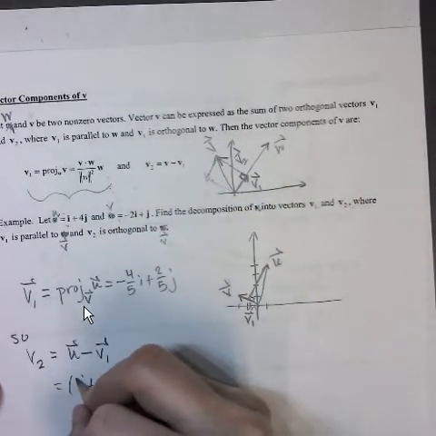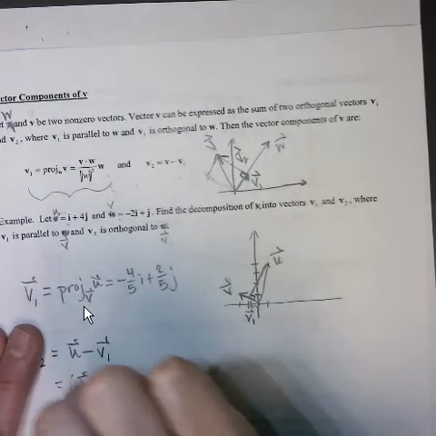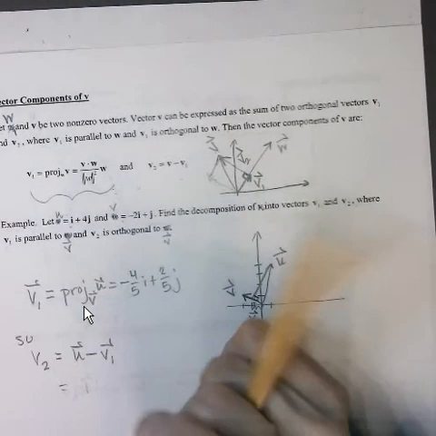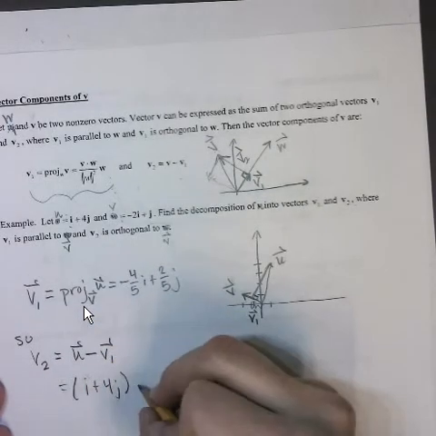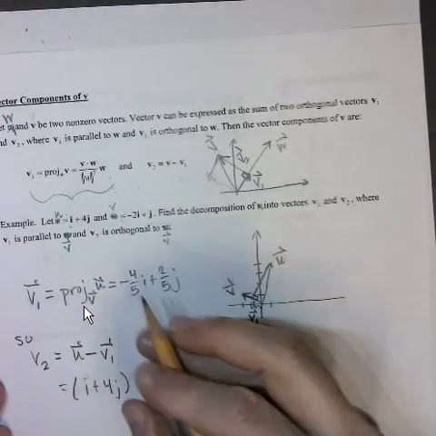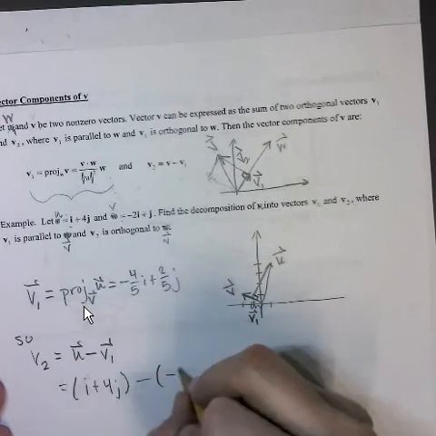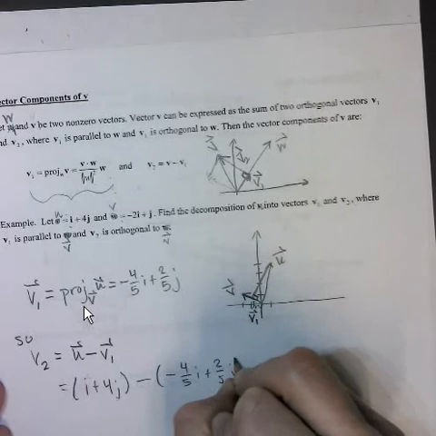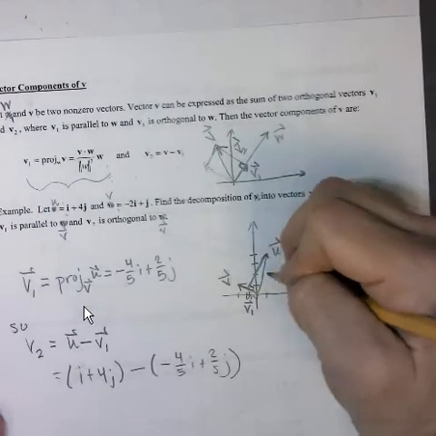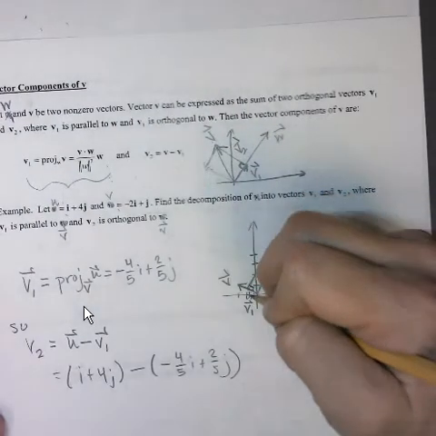Being sloppy. I'm getting tired too. i plus 4j minus v1, our projection vector. So if we want these two to add up to this, we can just subtract this from this to see what our result is, right?